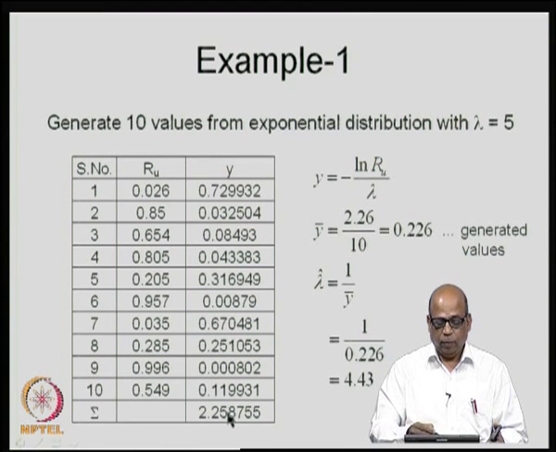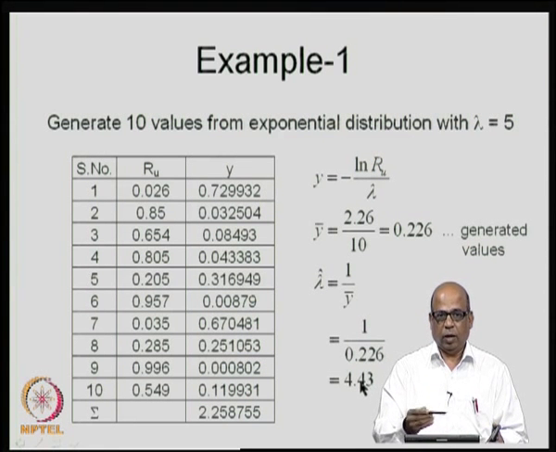If you generate more values, let us say from 10 you went up to 100, maybe lambda improves further. From 100 you went to 1000, lambda improves further, 1000 to 10,000 etcetera. So, ideally you generate a large sequence of values and then examine for the parameter.